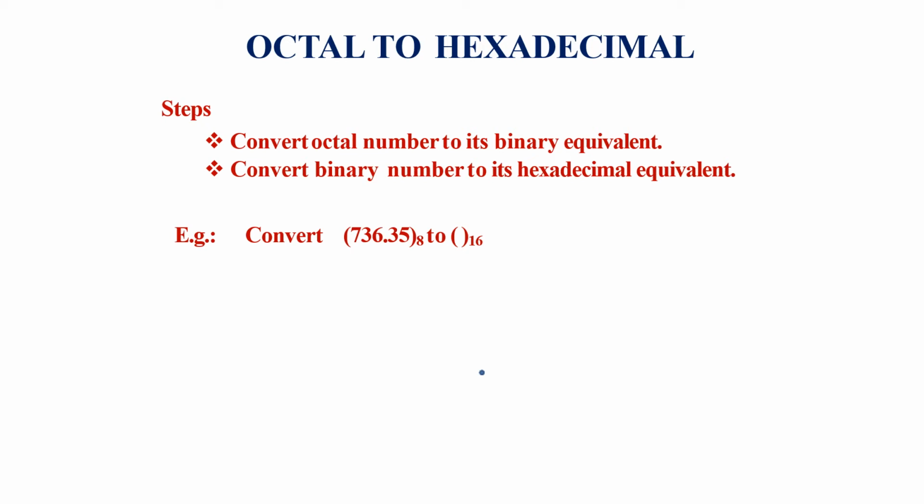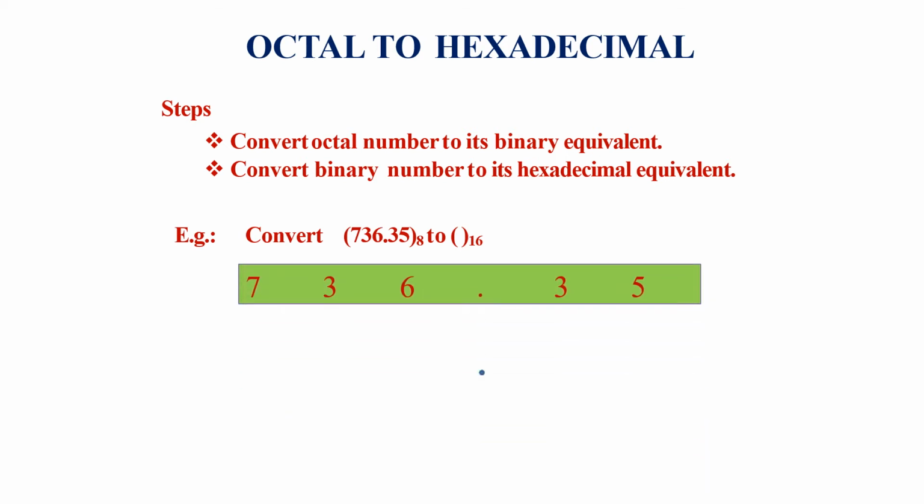As I told you, the first step is, for the given octal number, first we have to write the equivalent binary. We know how to convert octal to binary. For the given octal number, we write the 3-bit binary equivalent, and then finally by grouping that binary number as each 4 bits, we can write the hexadecimal number. So I'll tell you how to write this one. 736.35, this is the given octal number.